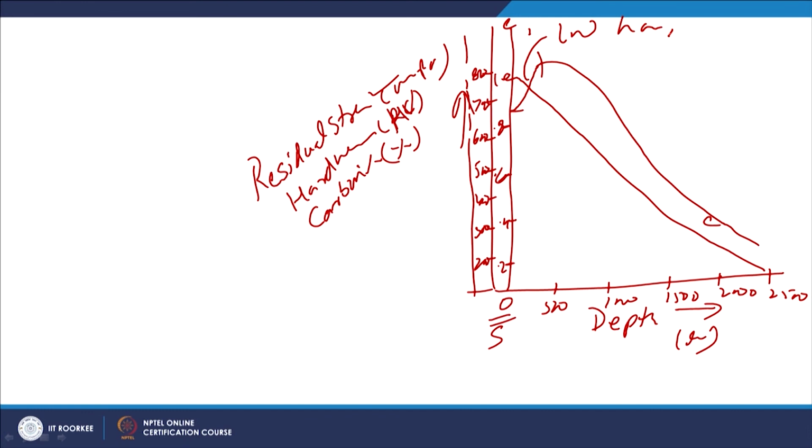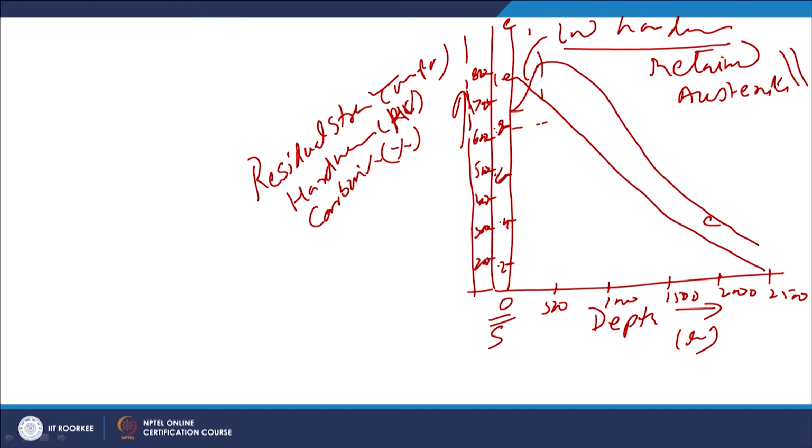This low hardness is attributed to the formation of retained austenite, which I will elaborate on subsequently. Where the carbon content is somewhat lower, like 0.8 in this range, we get higher hardness.